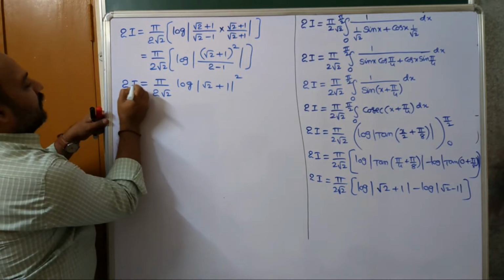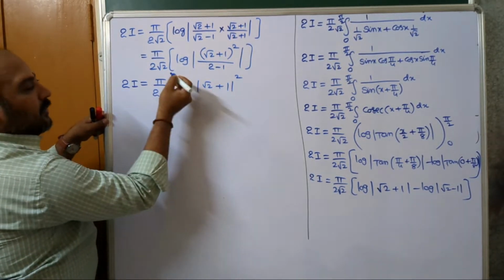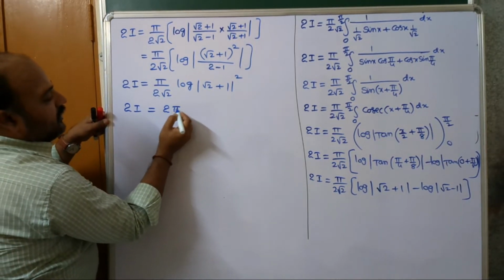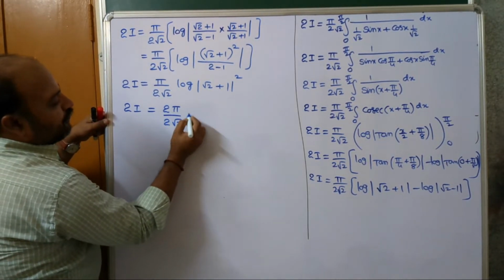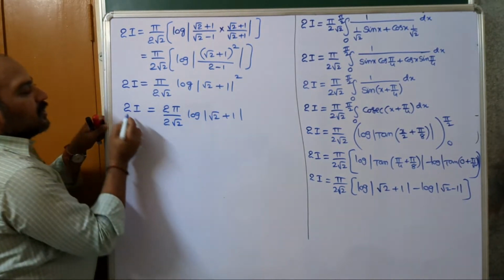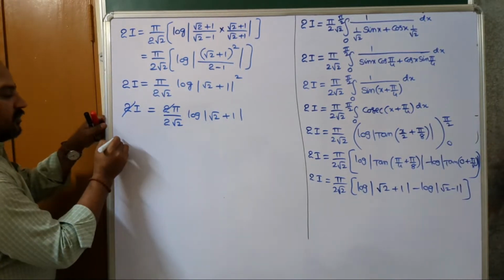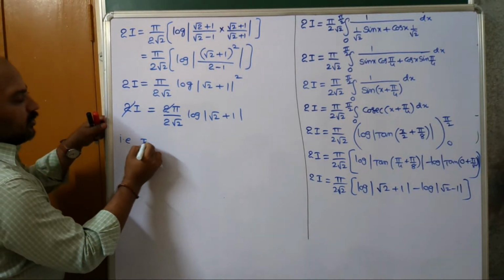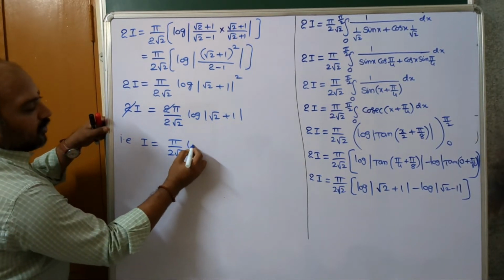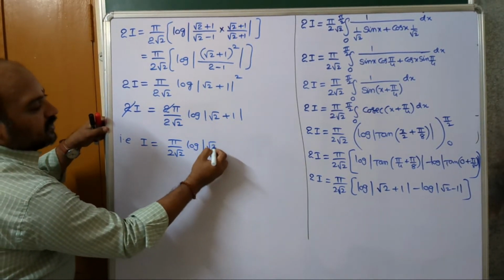So by the formula log a power m is m log a, 2I equals 2 pi by 2 root 2 log mod root 2 plus 1. Okay, dear students, here 2 gets cancelled. That is I equal to pi by 2 root 2 log mod root 2 plus 1.